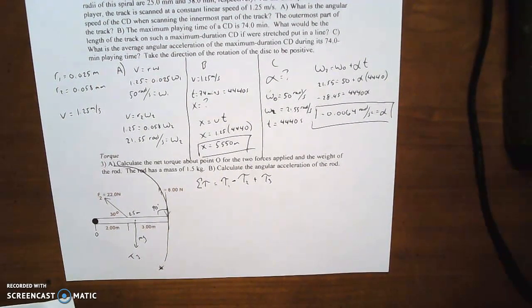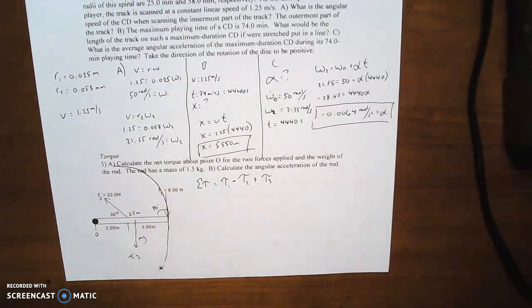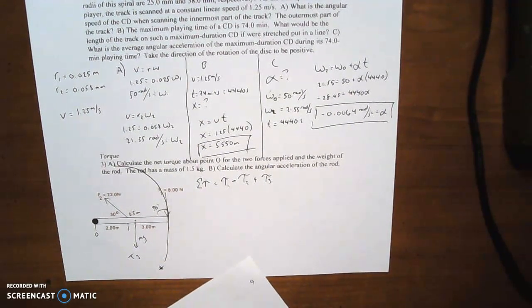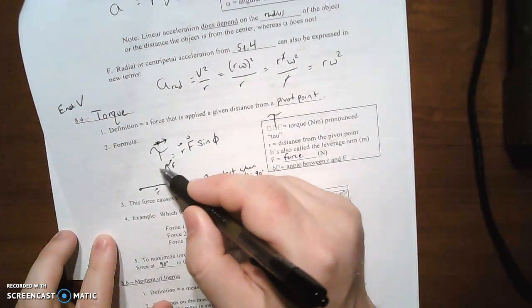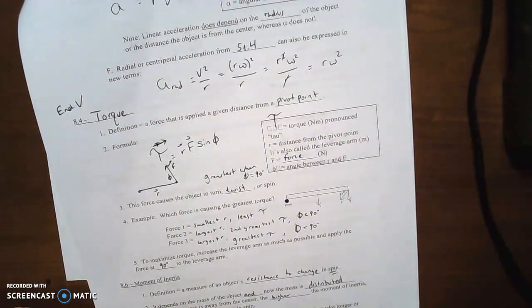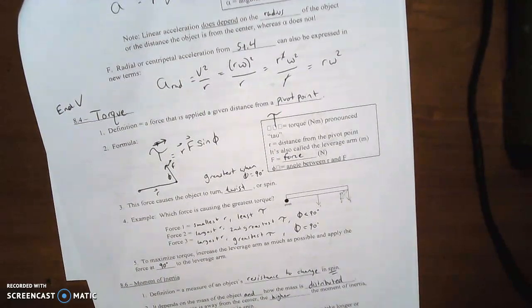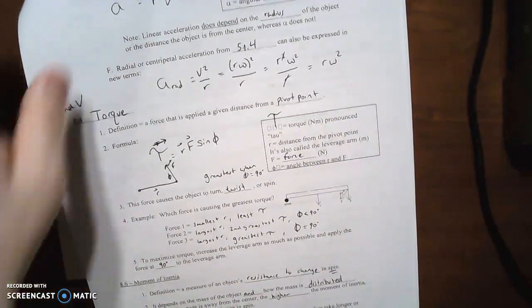All right. From here, we're going to use our definition of torque to break these things down. Flashing back to the notes, we're going to use this equation where torque equals r F sine phi, where phi is the angle between our r vector and our F vector.